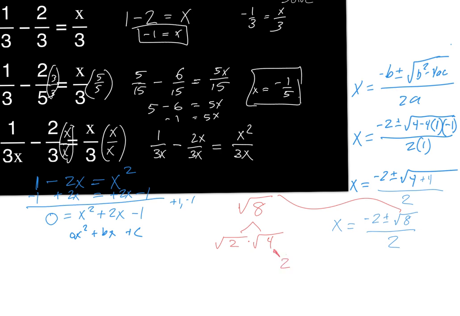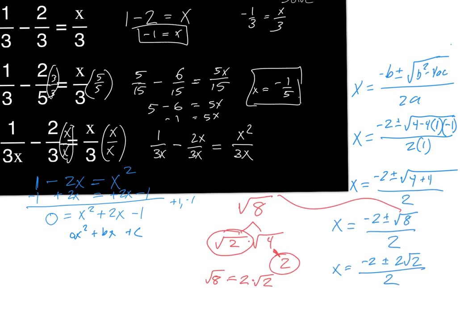It is 2. I do not know the square root of 2. 2 is a prime number. It stays as is. So the square root of 8 can be rewritten as 2 times the square root of 2. So over here I have x equals negative 2 plus or minus 2 square root of 2 all over 2.